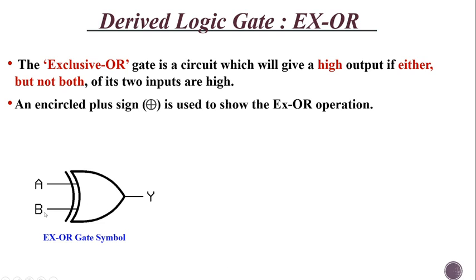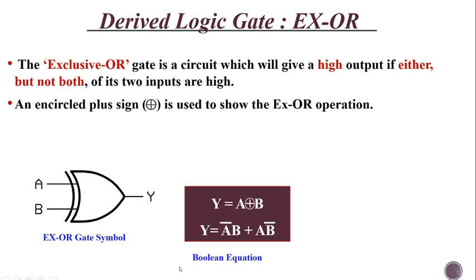It is a 2 input XOR gate with 1 output, and here is the Boolean equation. We can represent this operation using the equation y equal to A XOR B, that is the plus sign within a circle, read as A XOR B, or we can also represent the same operation with the Boolean equation y equal to A bar B plus A B bar.